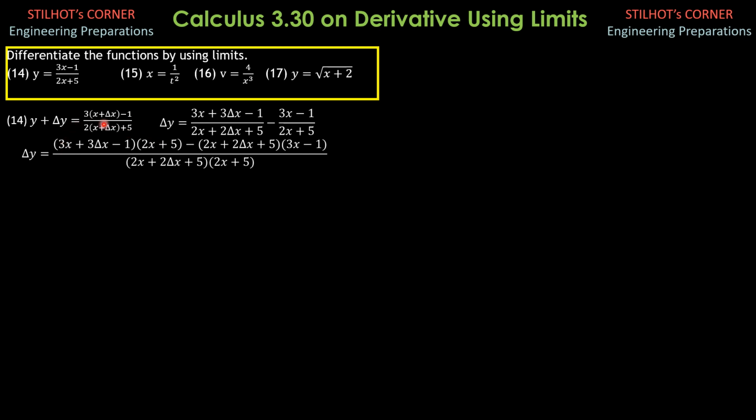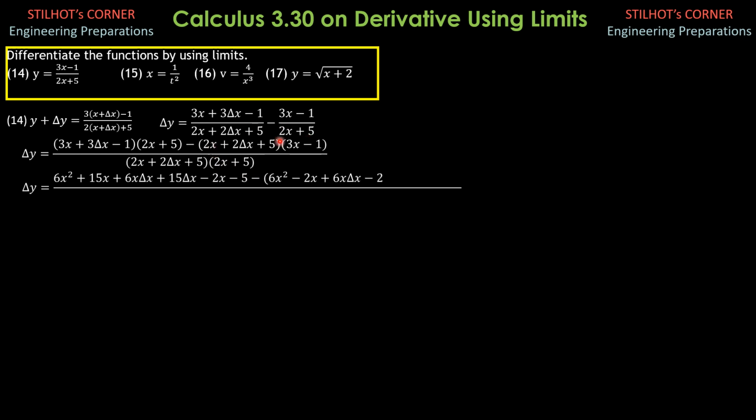Expand, so we have 6x squared plus 15x in the numerator plus 6x delta x minus 2x, then minus 5, minus quantity 6x squared minus 2x plus 6x delta x minus 2 delta x plus 15x, then minus 5. All over, we just copy.